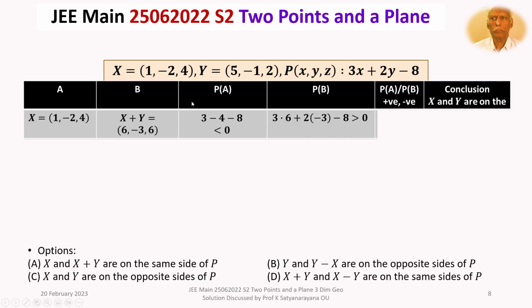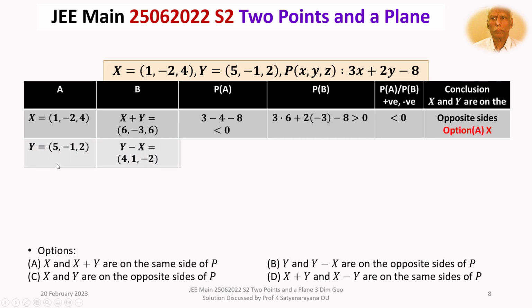Now x plus y is 6, minus 3, 6: 3 into 6 plus 2 into minus 3 minus 8. So 18 minus 6 minus 8, definitely positive. Negative by positive is negative, so these 2 points lie on opposite sides of the plane P. In the option it is given as same side, therefore option A is false.